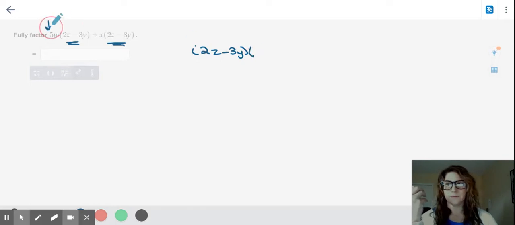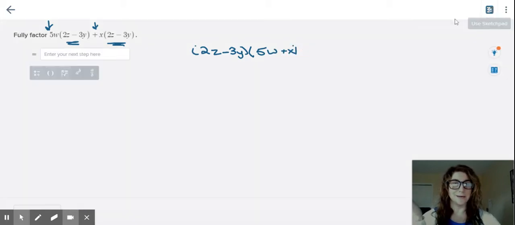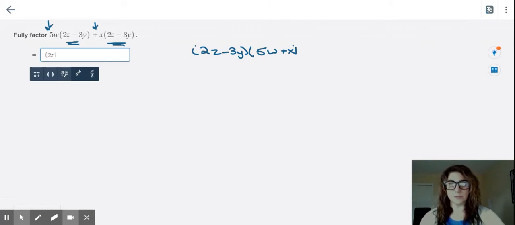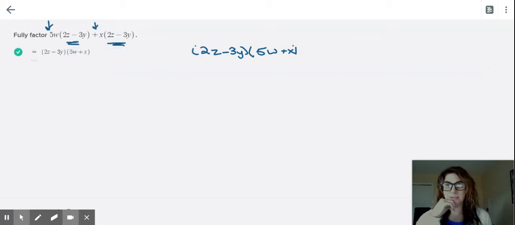And then whatever's in front gets its own grouping. So 5w plus x. So again, it was a non-fully factored grouping. They had it almost done. They just didn't finish it off. Okay, so again, the grouping, the parentheses that they shared, and then what was in front of each grouping gets their own sets of parentheses.